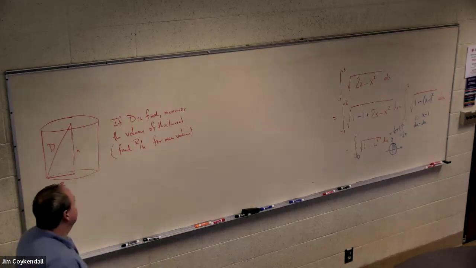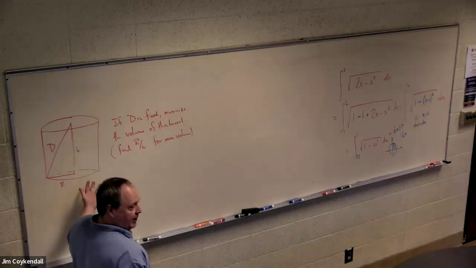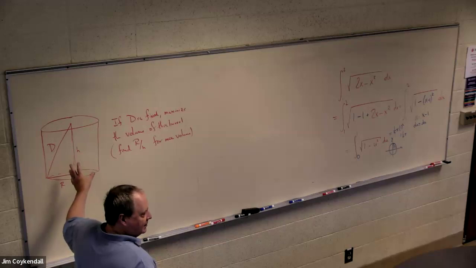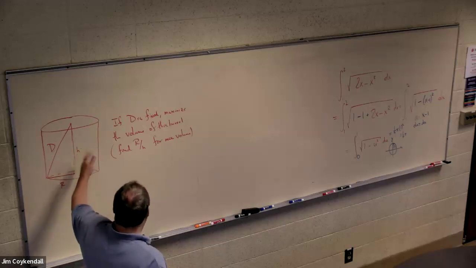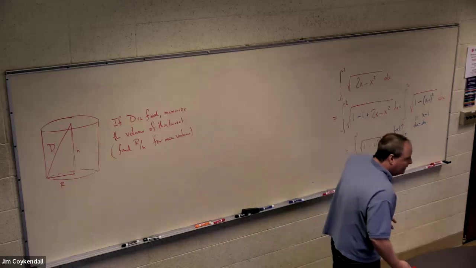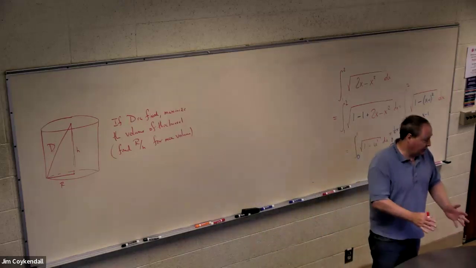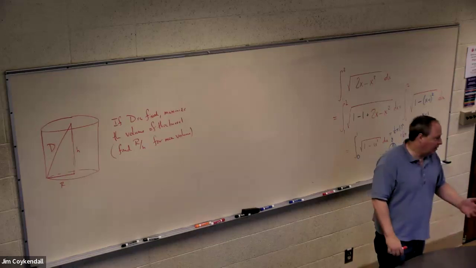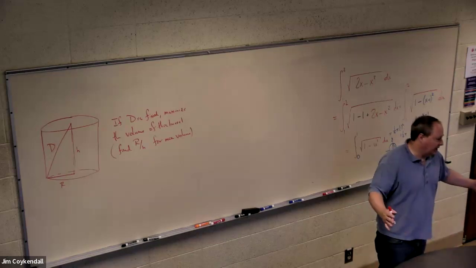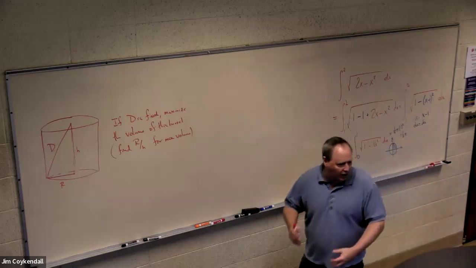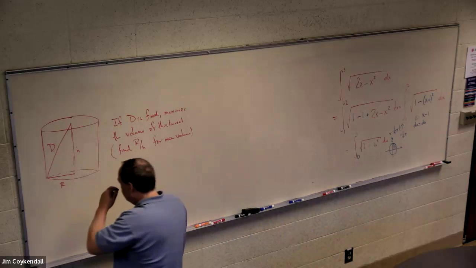If R over H is, for example, 1, you want a barrel shaped so its radius and height are about the same. If R over H is 2, you want one that's wider than it is tall. If it's 1/2, you want one that's taller than it is wide.